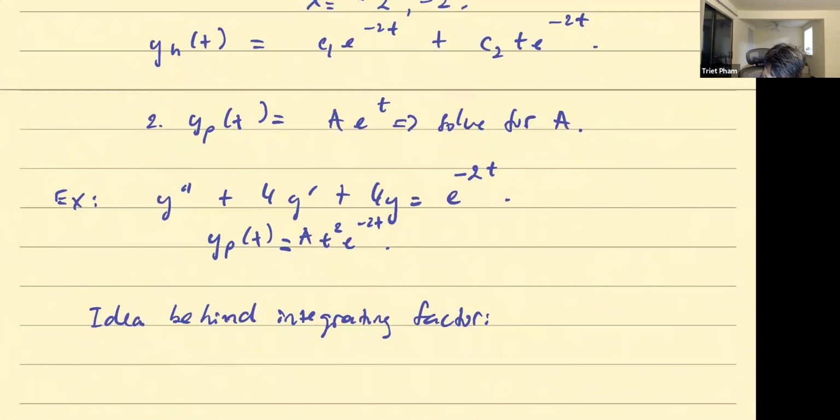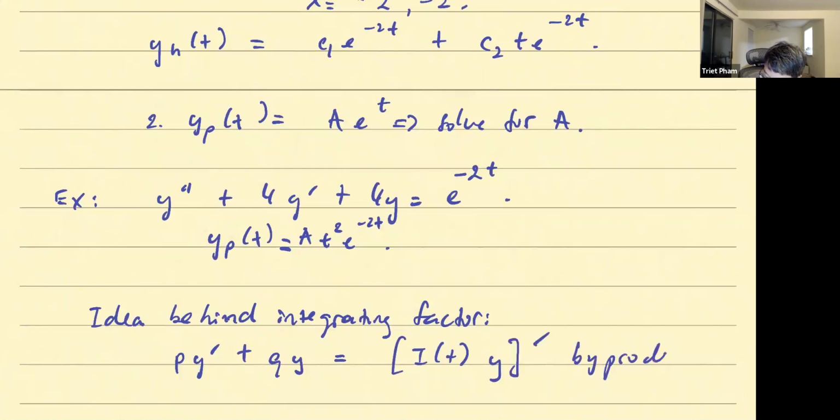Let me say, py prime plus qy is going to be something like the integrating factor times y prime by product rule. So in other words, product rule is the key to the integrating factor method in 1D, in a first order equation.